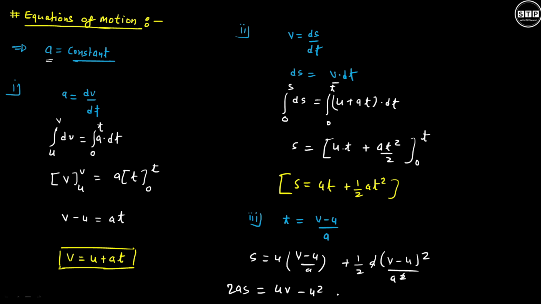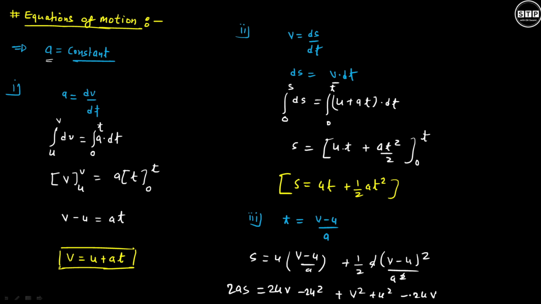If we open it, it will be v square plus u square minus 2uv, right? From here I can cancel out the v square.